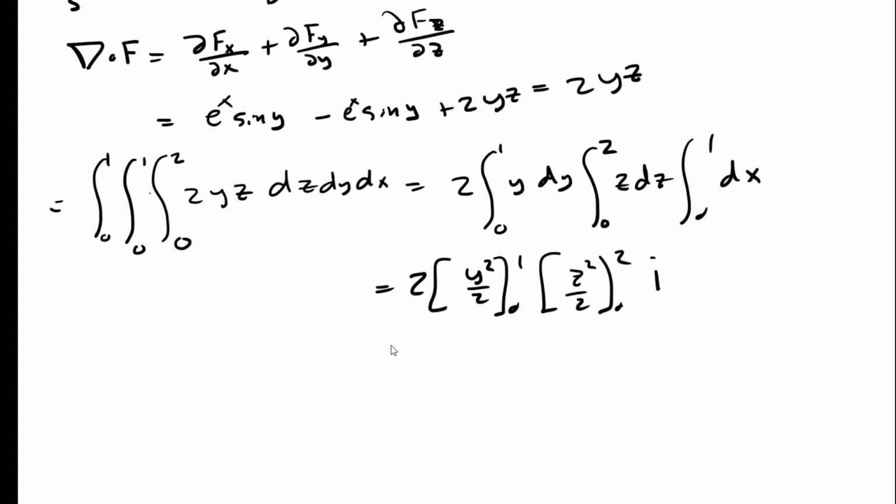Evaluating, I get a half. So 2 times 1/2 times 4 over 2, which is 2, times 1. End result is just 2.